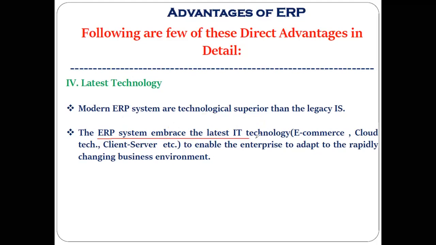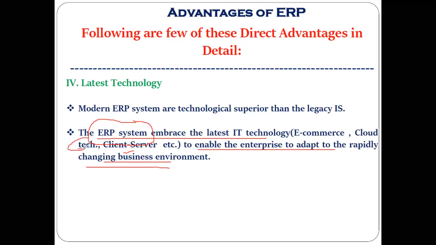Understood? So the same point I have mentioned here. ERP systems embrace the latest IT technology like cloud technology and client server technology to enable enterprises to adapt to the rapidly changing business environment. As you can see, today's businesses are changing rapidly. New technology is coming day by day, and because of the ERP we can easily work with this new technology, because making changes in the ERP system so that it can work with the new technology is easy.